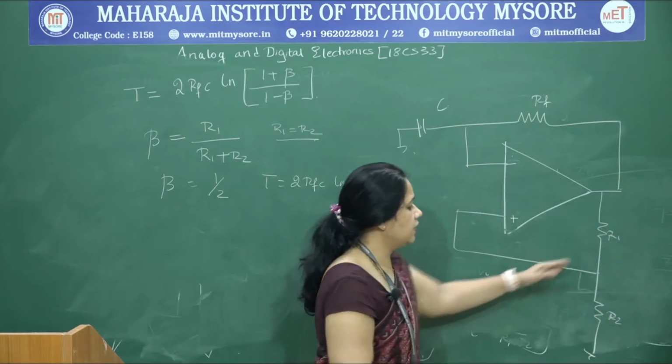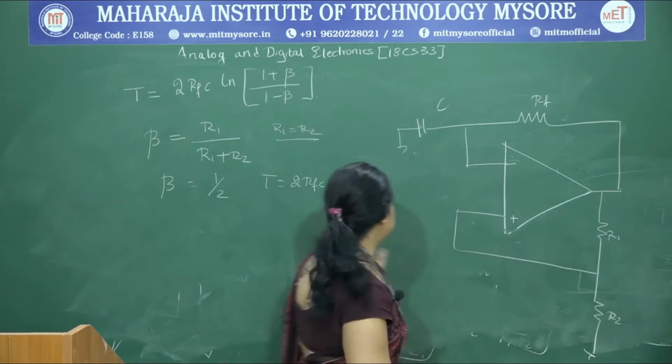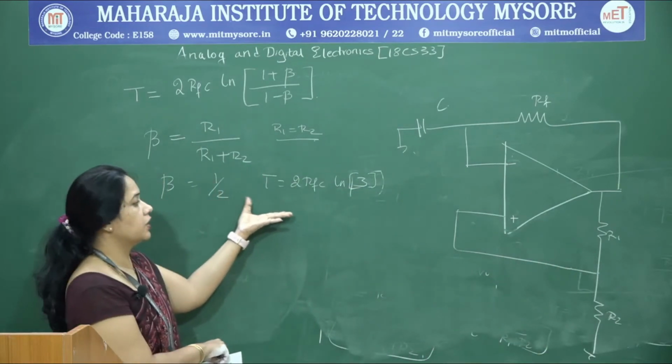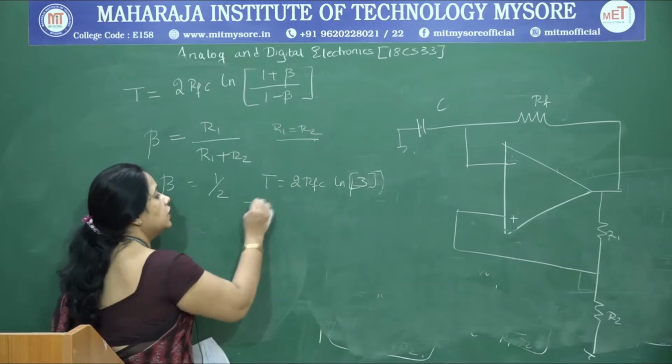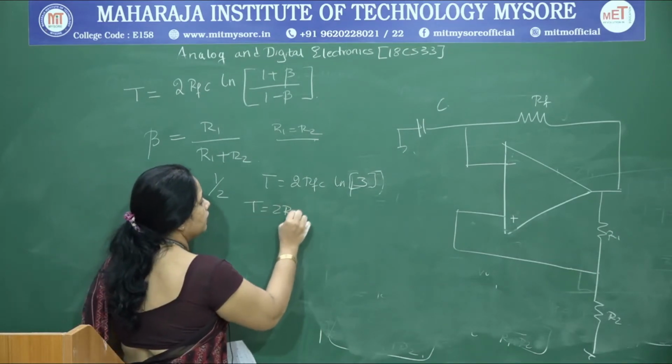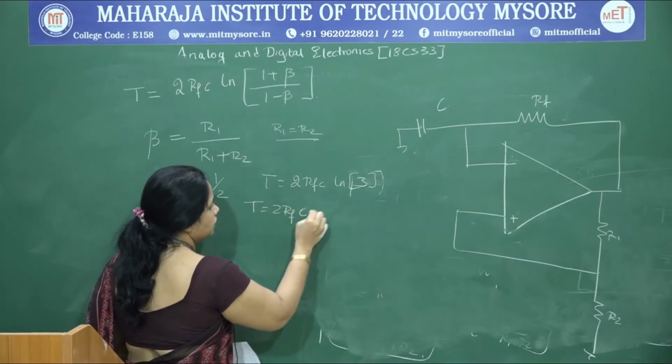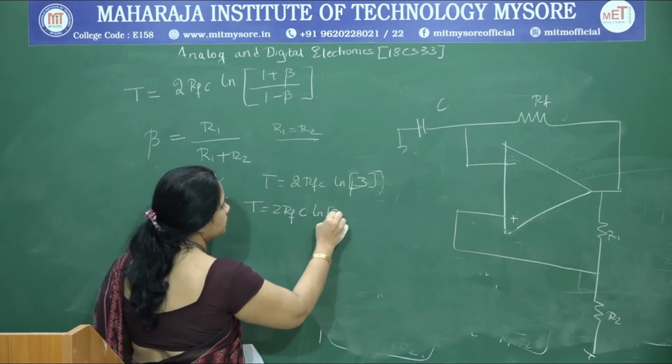If I take identical values of R1 and R2, the expression for your time period reduces to T equal to RfC logarithmic of 3.